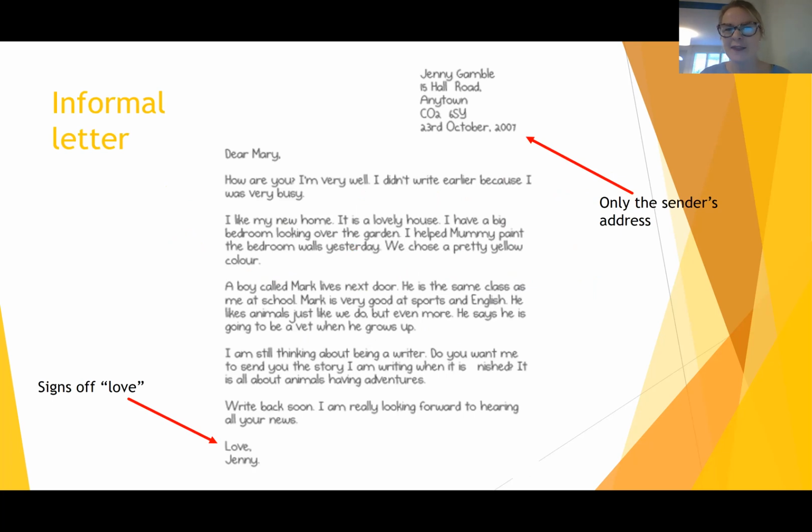Let's look at this letter from Mary. From Jenny, sorry, to Mary. How did we know that this was an informal letter? I think we knew because it only had the sender's address on it and it was signed off, Love, Jenny.